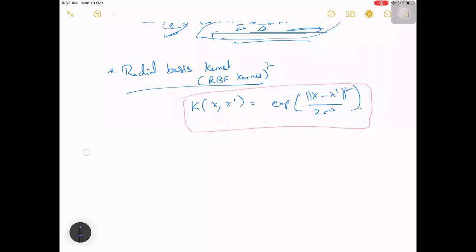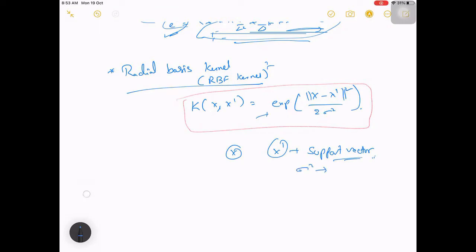So where x is your value and x dash is a support vector in your data, and with that you calculate this one, and this sigma is a kind of standard deviation, which is a parameter that you have.